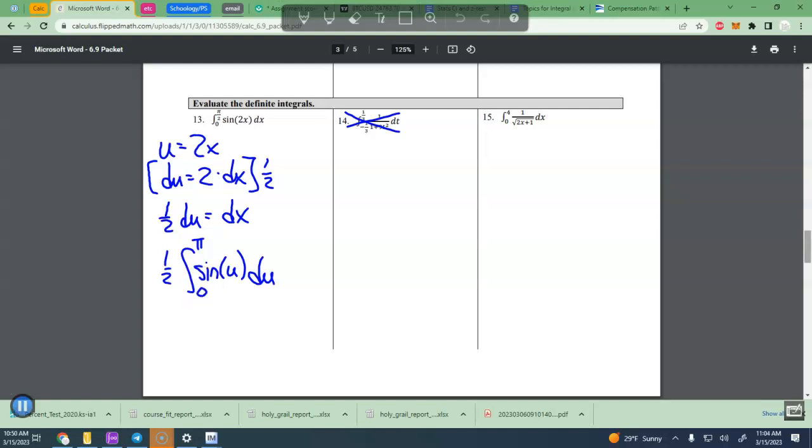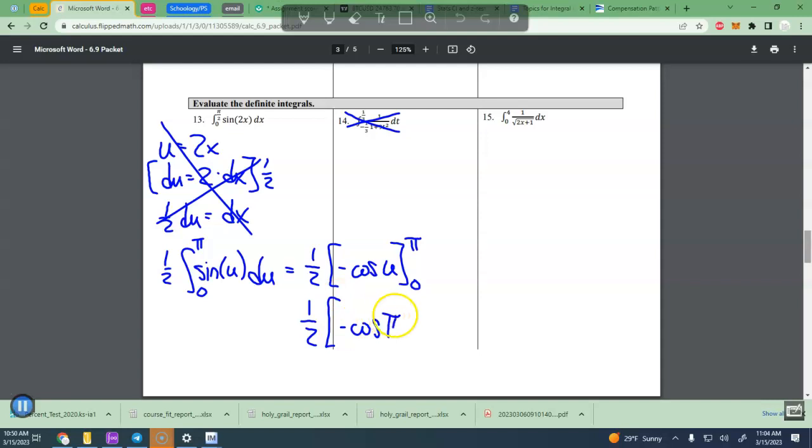And now none of this matters anymore. X's don't mean a thing anymore. We're going to integrate sine, which is negative cos. And then I'm going to plug in the top minus plug in the bottom.